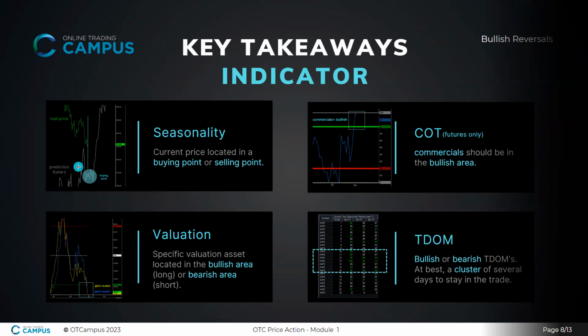We talked about it here, the 8 years, for example, the seasonality. You can use any number of years, if you want. And the valuation is the same here. For example, gold is working nicely against the US dollar, against the Japanese yen, of course, fine.